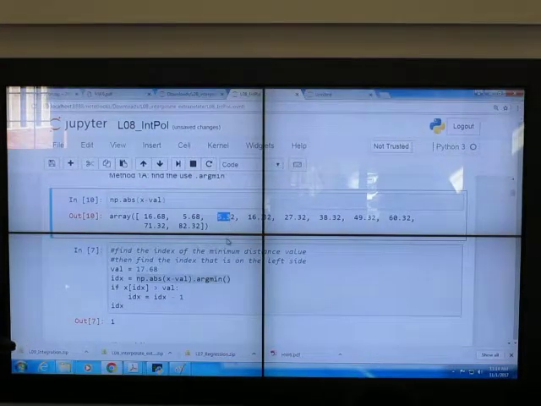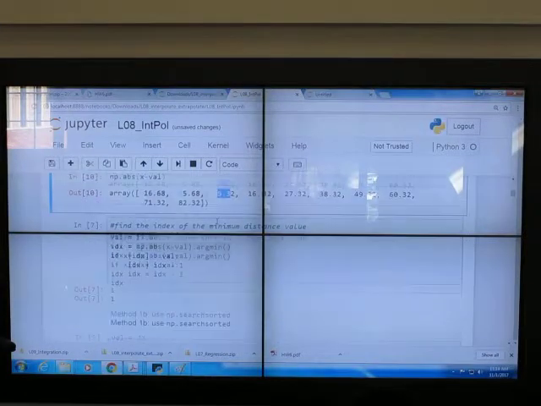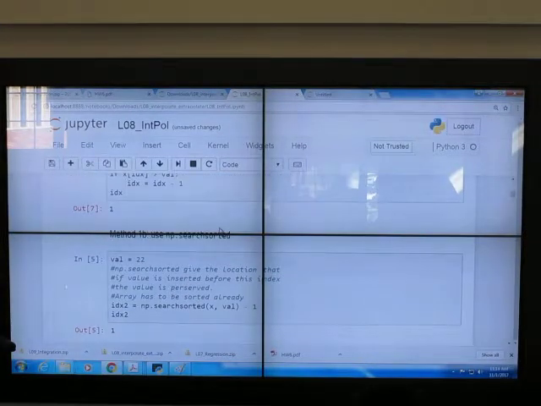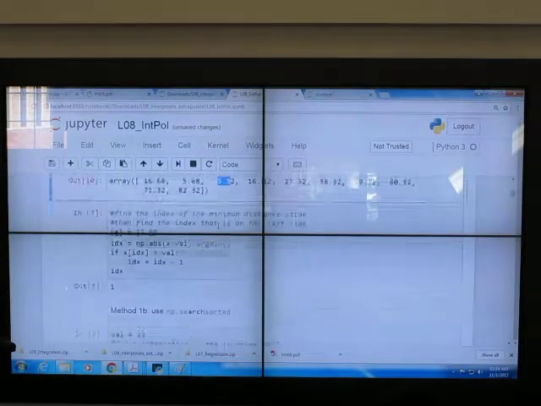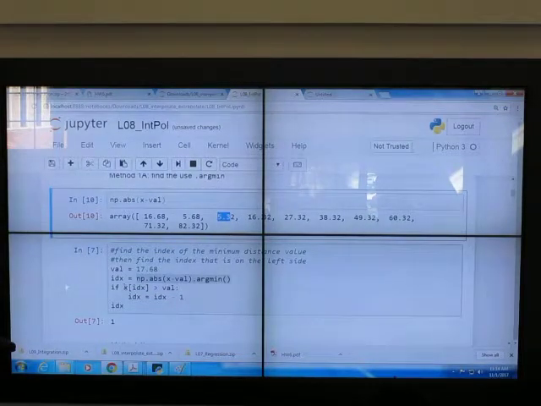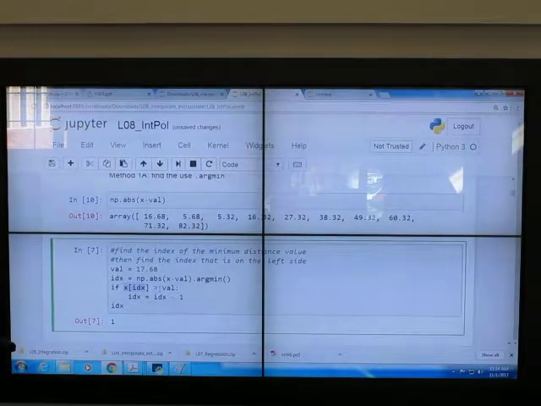Okay, that is the point where we have the minimum value. Then I do this: if x at that index is greater than the value of x that we want to find, the y value, then index equals index minus 1. So what do these two lines do?